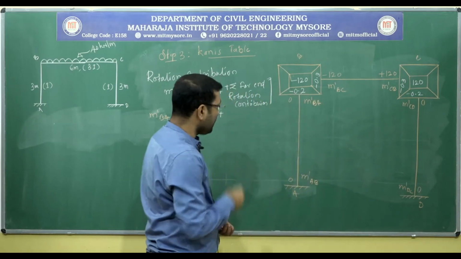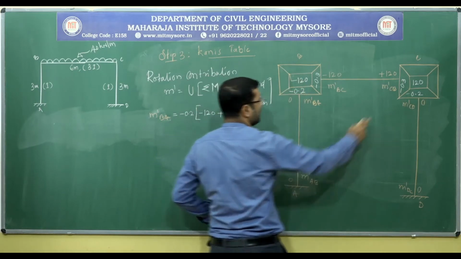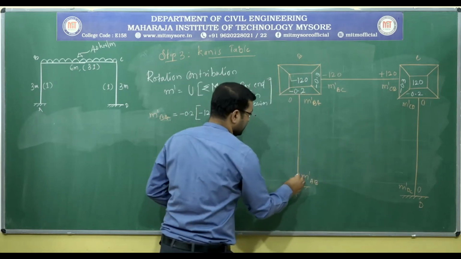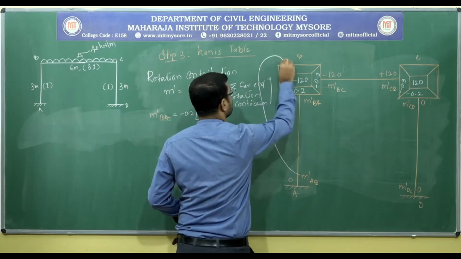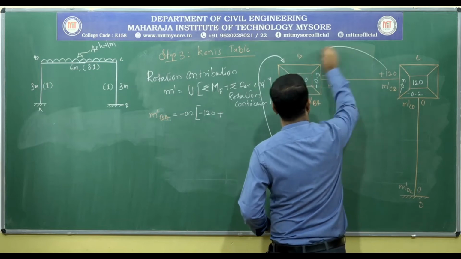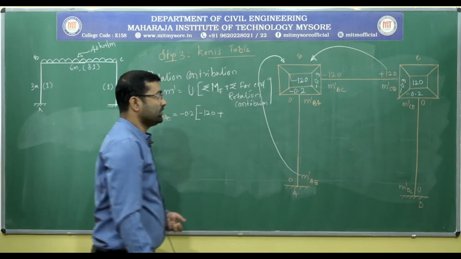Now, for B joint, m dash AB and m dash BC are the far end rotation contributions, which will be contributing the rotation values.